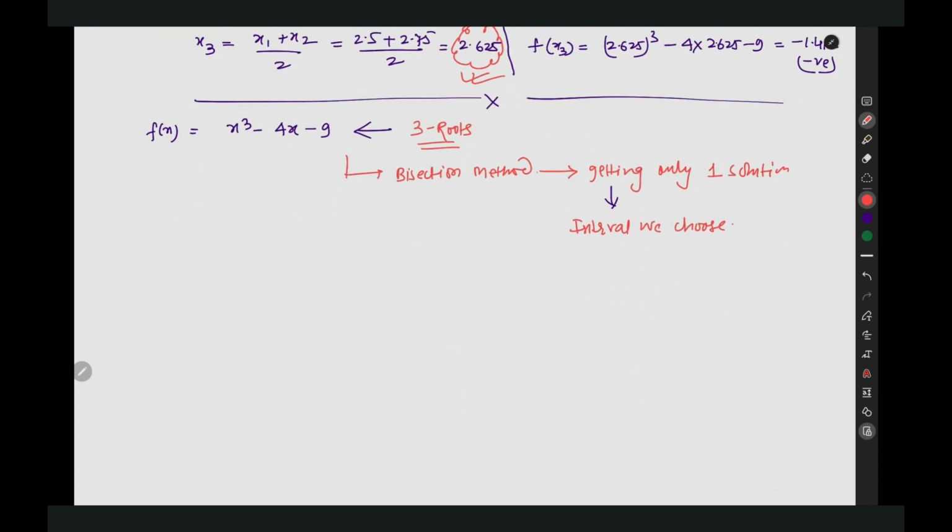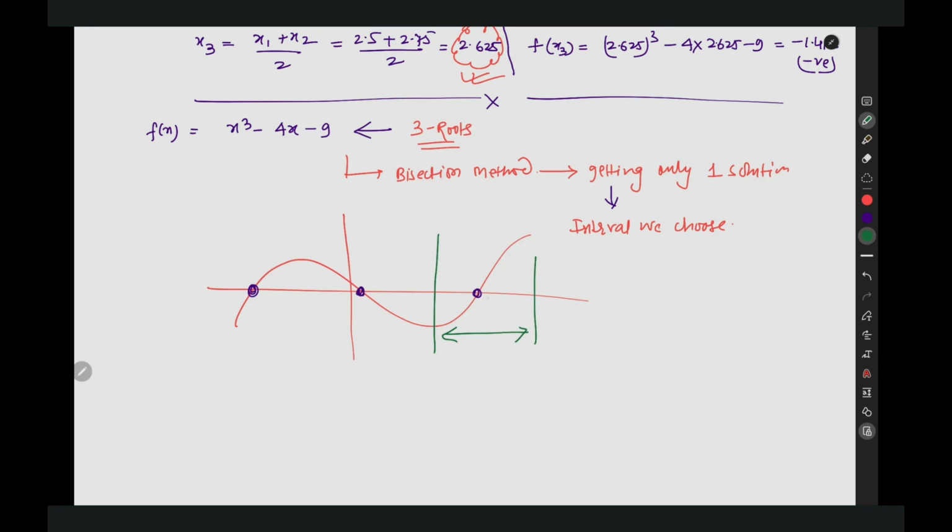Suppose that this equation has a graph something like this. So it has 3 roots. This one here, this one here, and this one here. If we have taken the initial guess between this and this, then we will be able to get only this answer, x3.